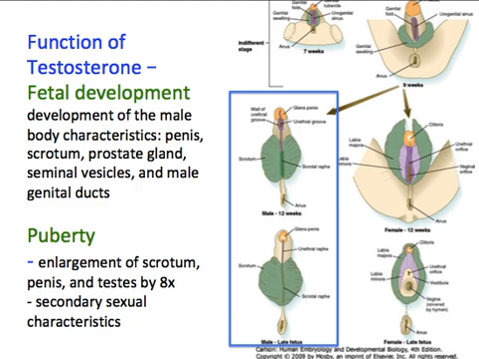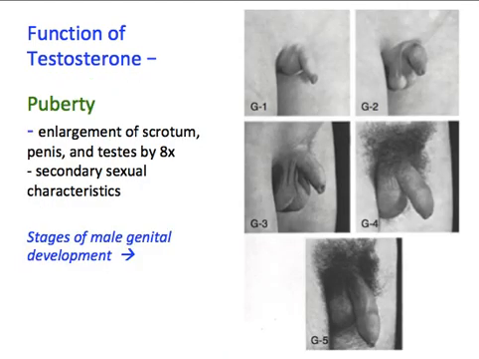In puberty, your testosterone now will facilitate the enlargement of your scrotum, as well as the elongation of your penis, the enlargement of your testes by about 8 times your pediatric size, as well as the development of your secondary sexual characteristics, which we will discuss later.